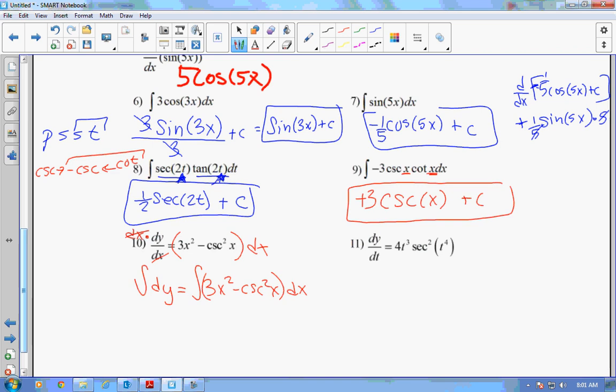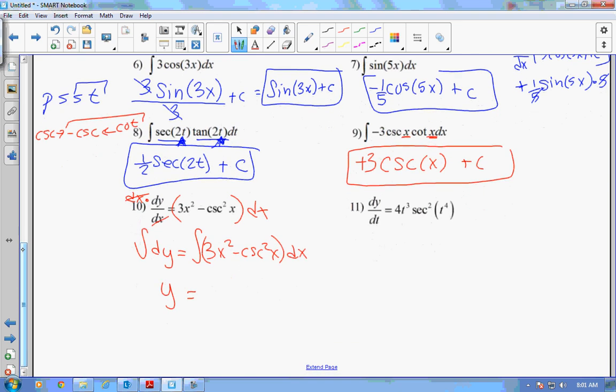Okay, what's the integral of dy? The antiderivative of dy? Just y. y equals, I'm going to let you do the antiderivative on the right side. The dx we just moved over. It's still there. We need that in order to integrate. Okay, so I'll let you try the right side and then do the same on number 11.